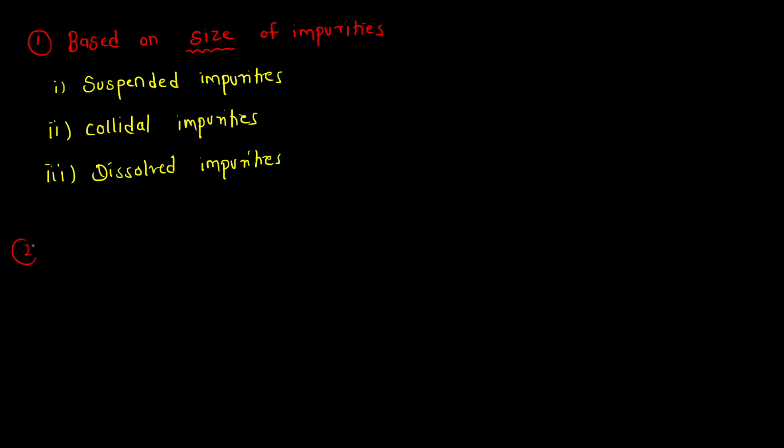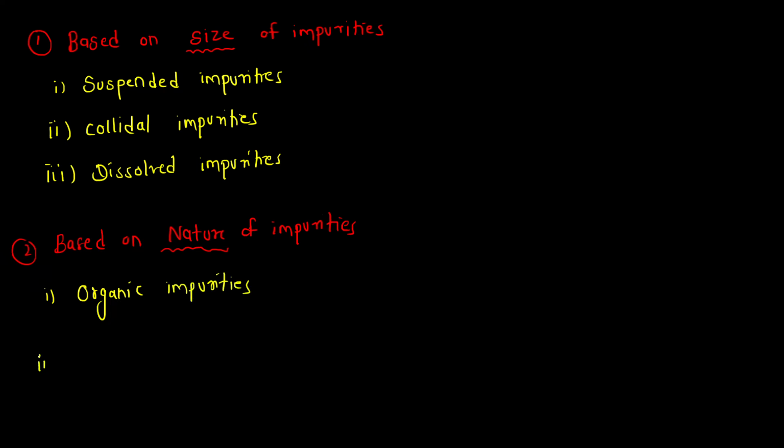Now the next classification is based on the nature of impurities. Based on nature, it is classified into two types. The first one is organic impurities, and the second one is inorganic impurities.